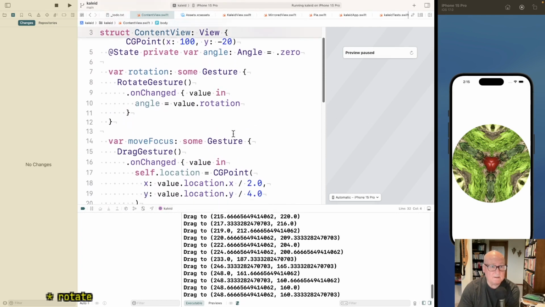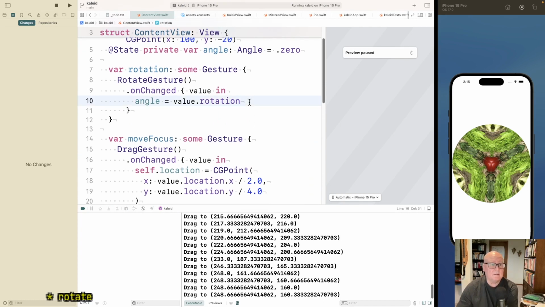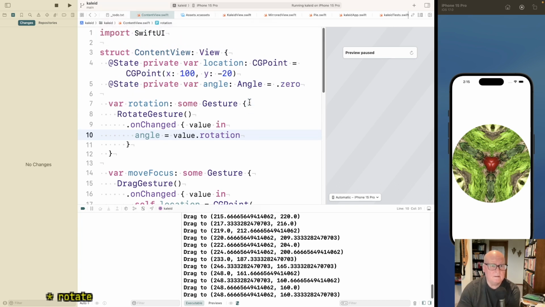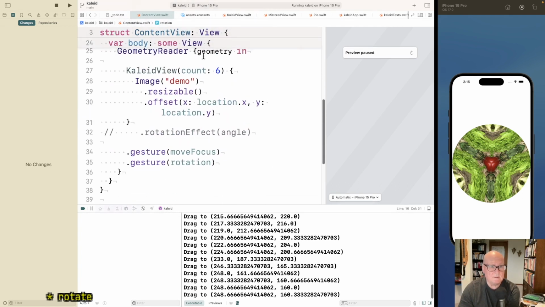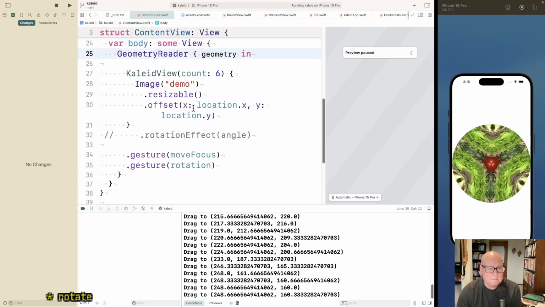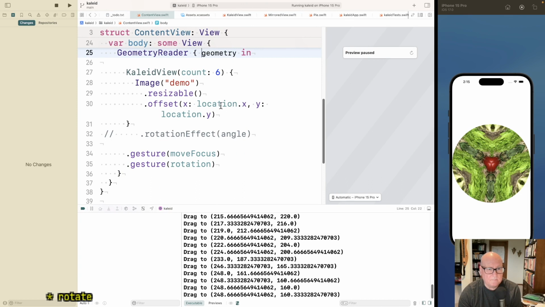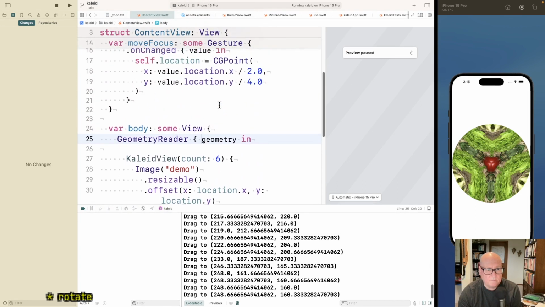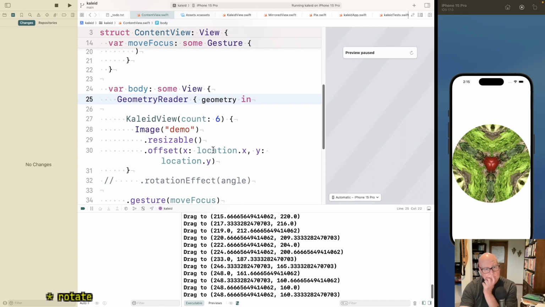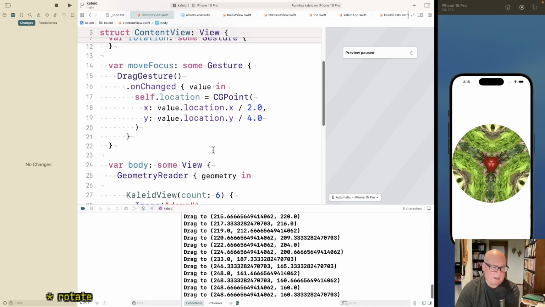If you rotate, I want angle. Well, I really want, okay, so I'm going to get a number between 0 and 2 pi.